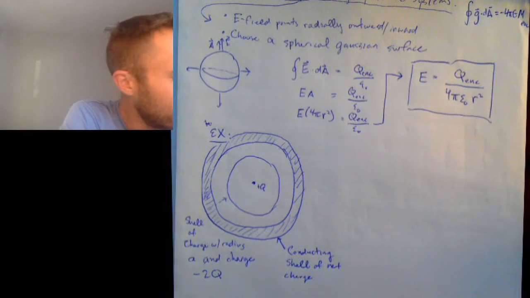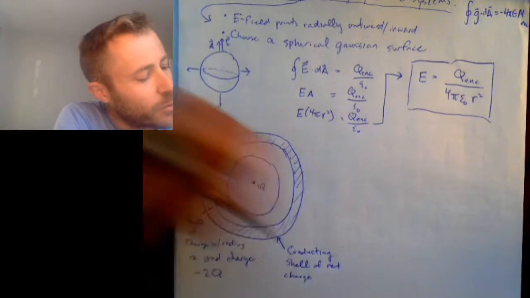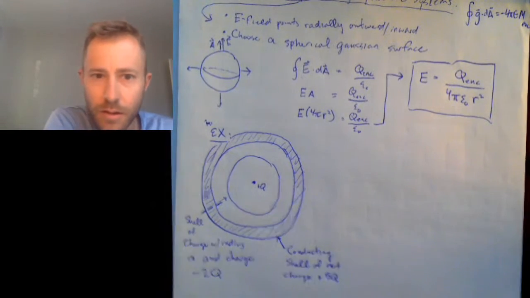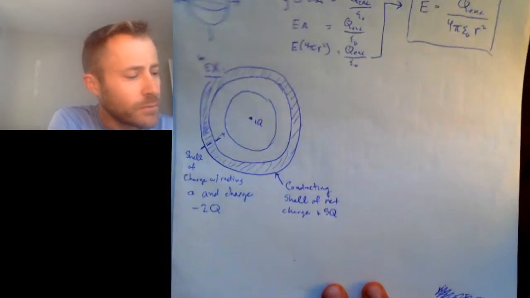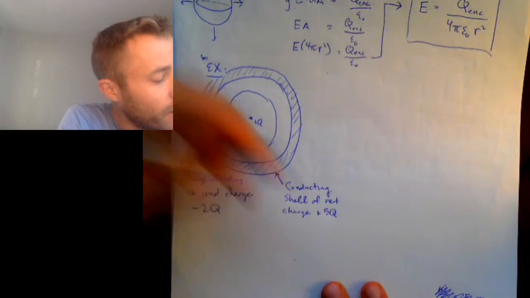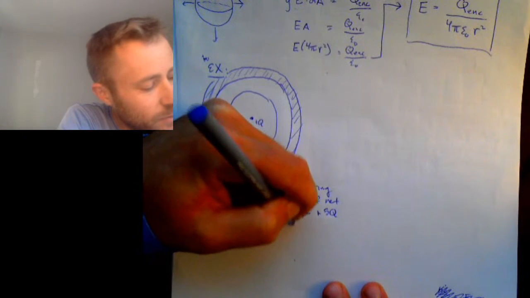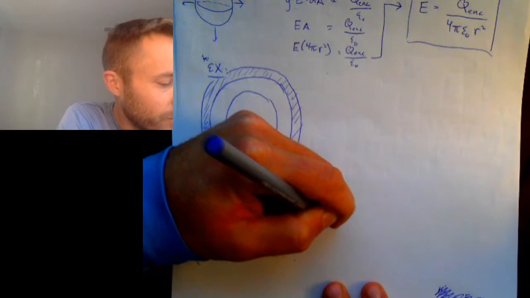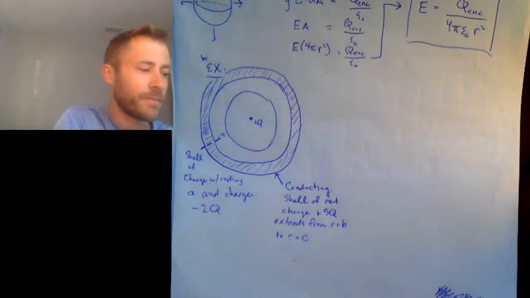Let me make this a little bit more clear. And we're going to say plus 5q. All right. So it has a net charge on it, and it extends from R equals B to R equals C.